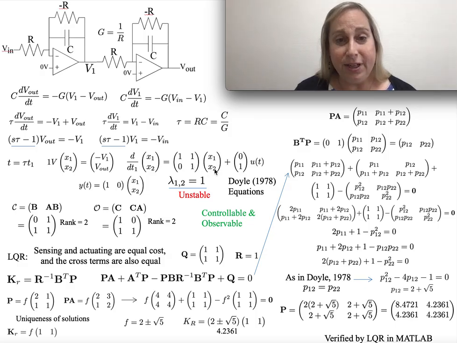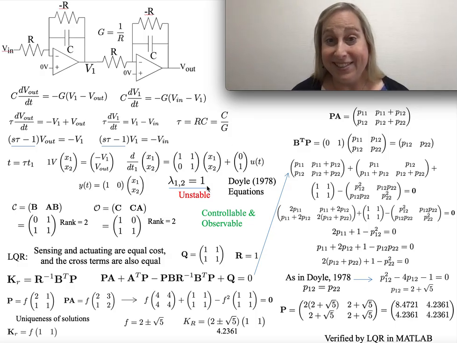What's interesting for those who have looked at control theory is that this is actually the exact set of equations that John Doyle did in his 1978 paper, where he was looking at optimal control theory and margins. So you're like, oh, this is cool. It's actually a really nice system. There's lots discussed about it, and you can actually analyze it.